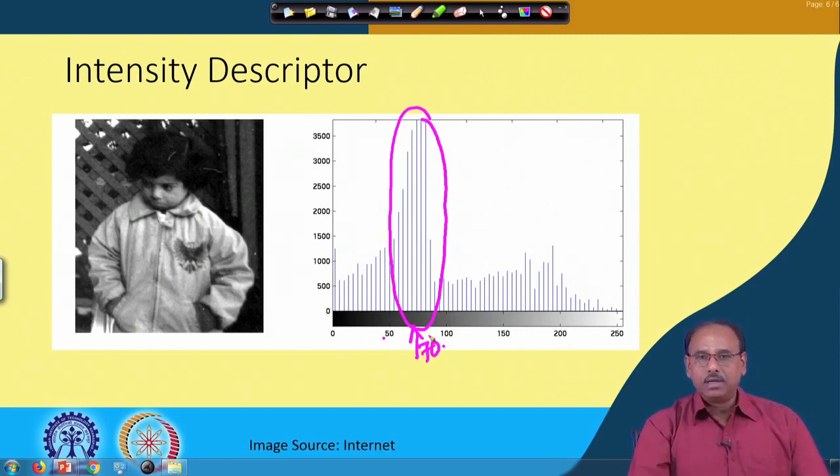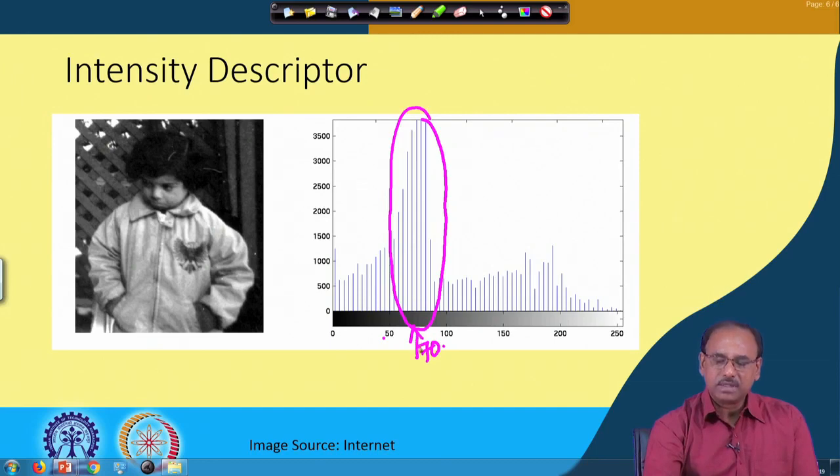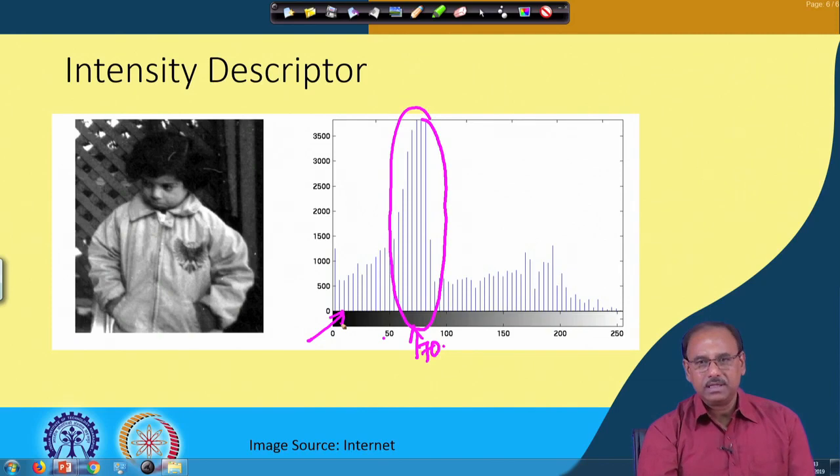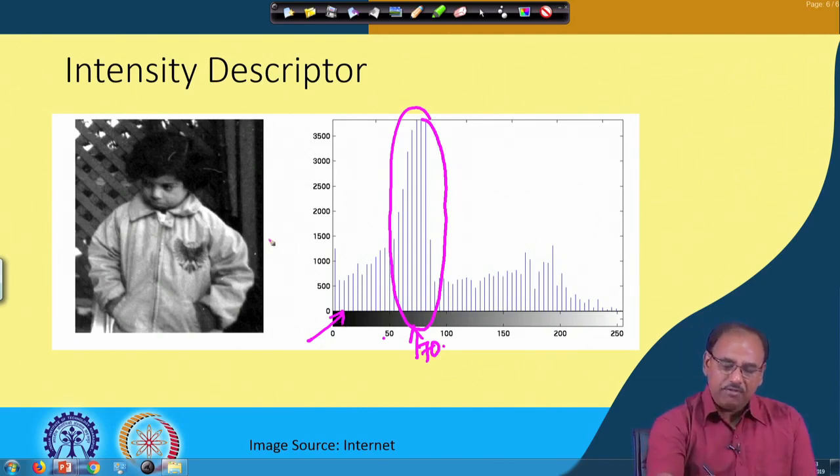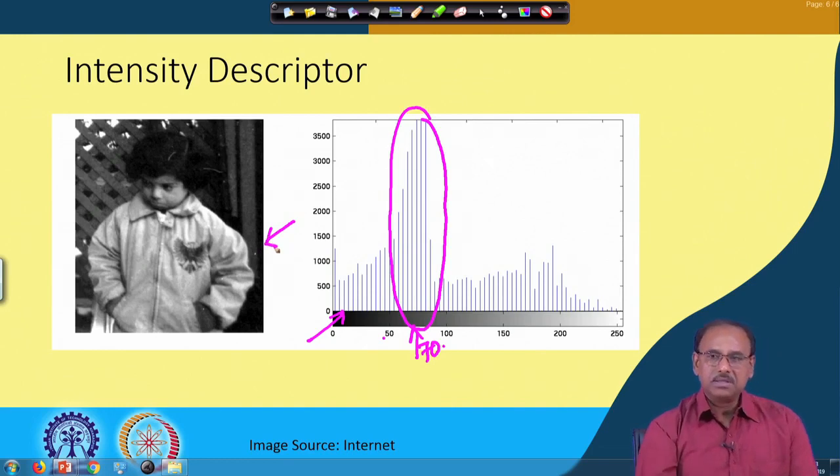The probability of occurrence or the frequency of occurrence of intensity values around 70 is very high compared to the others. This is as against the previous one, where the maximum probability was at intensity values near about 0. And you see the effect of that: this image appears to be brighter than the previous image that we have shown.